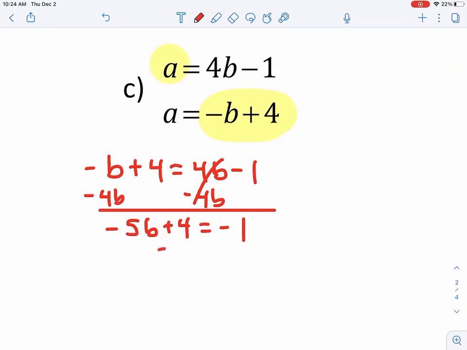So I'm going to subtract 4 from both sides. Once we do that, we have -5b equals -5. And so then b equals 1.